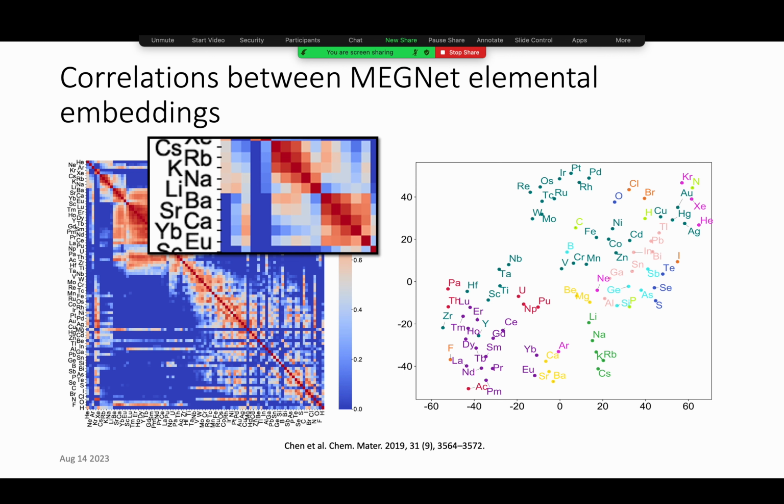You can see that, for example, your alkali metals all have very high correlations with one another. In other words, they are very chemically similar. And even for something like europium, people typically think of it as a rare earth metal, but you will see that europium actually has very high correlations with all your 2+ ions, like calcium, barium, strontium.